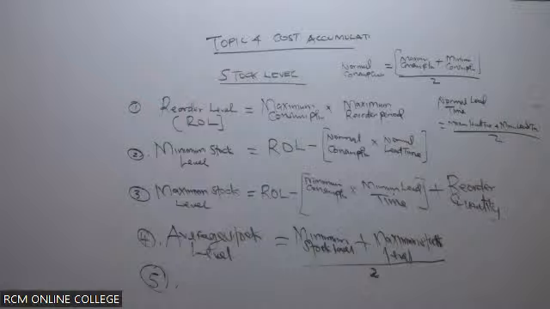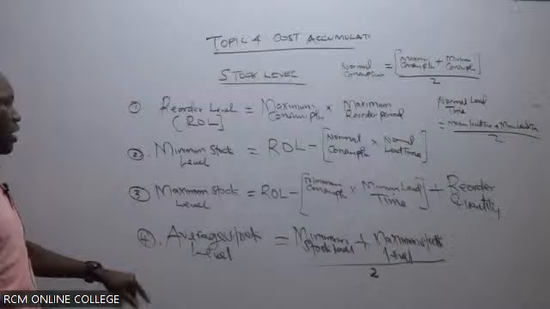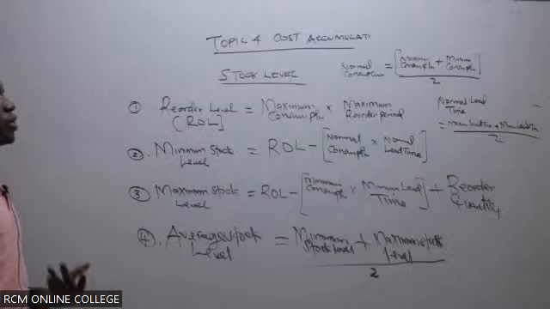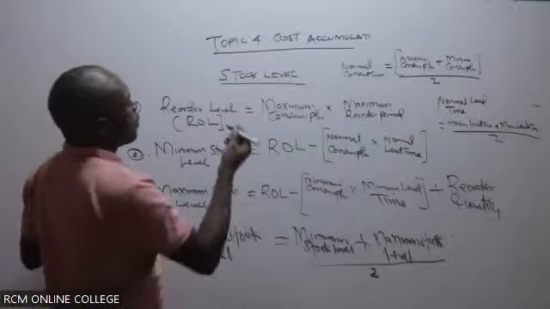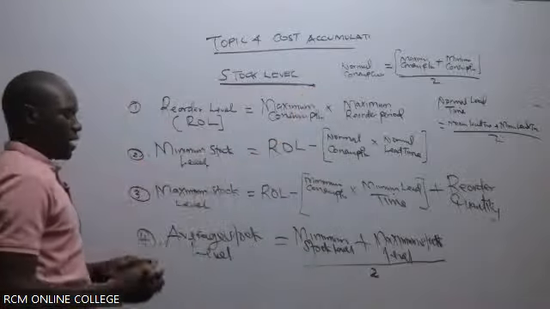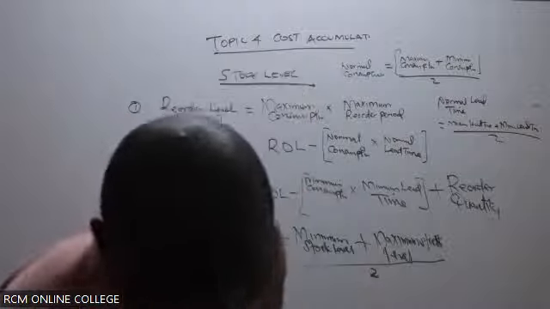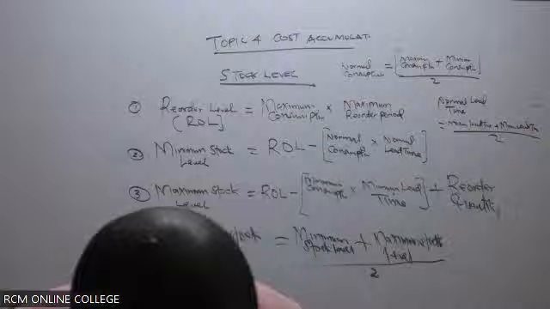Is there something that I'm leaving out? No. That other one applies to economic order quantity. That's where you're going to get it. So in the stock level, if you know these formulas, you are good to go.